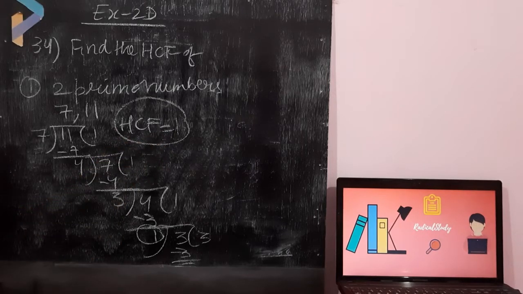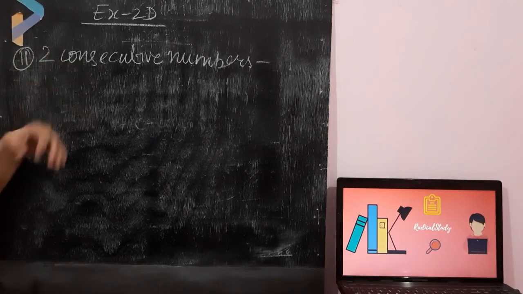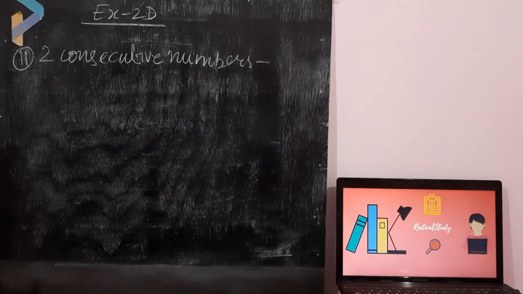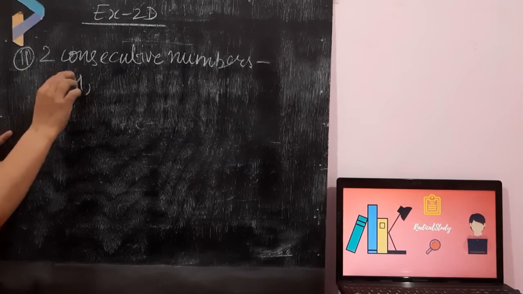Now I am going to solve the second option. So please pay attention, students. So students, now we have to find out the HCF of 2 consecutive numbers. So it is not mentioned over there कि ये जो consecutive numbers हैं whether they should be prime, whether they should be odd or whether they should be even. तो मैं अपनी मर्जी के कोई 2 नंबर ले रही हूँ. You can also take 2 numbers of your choice.